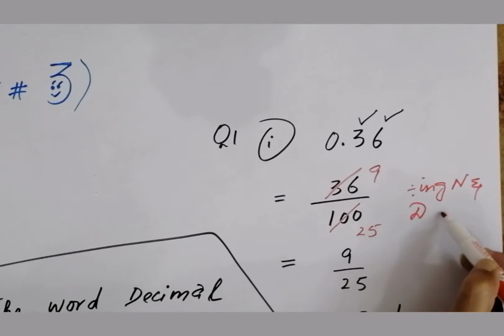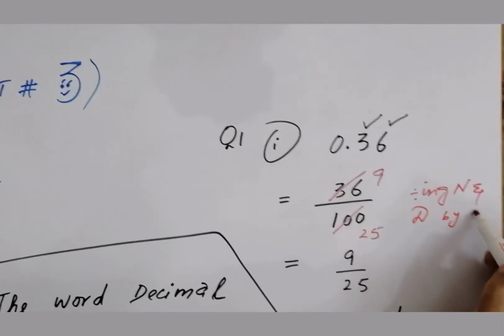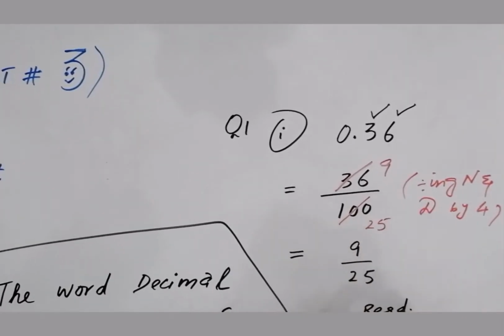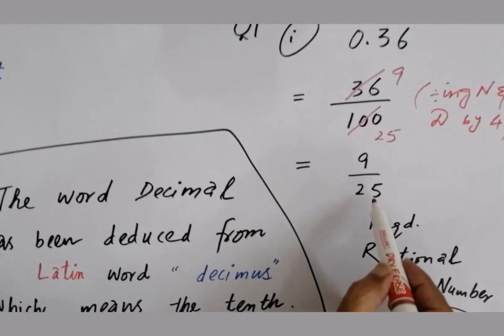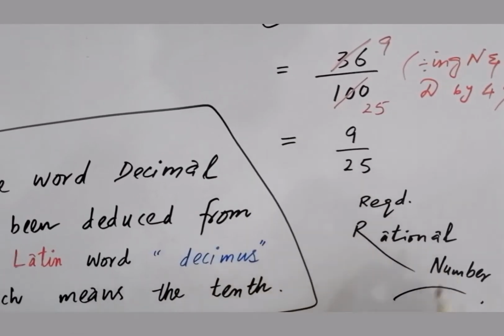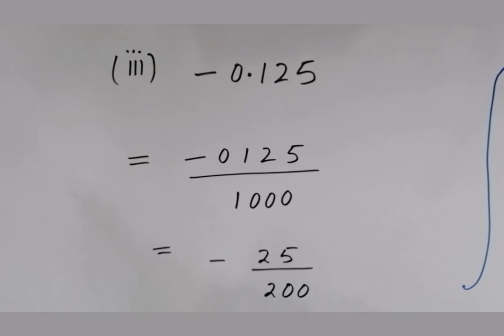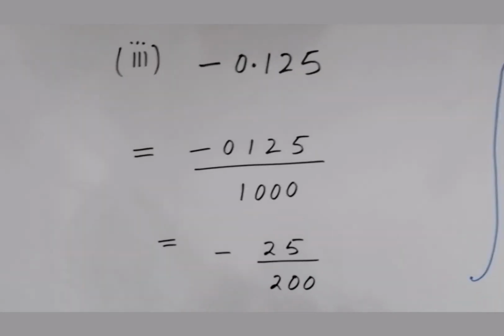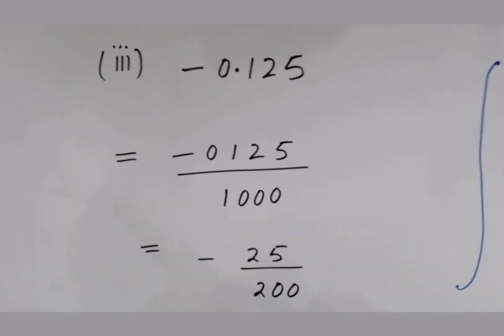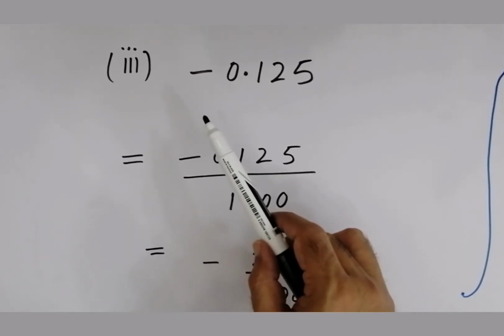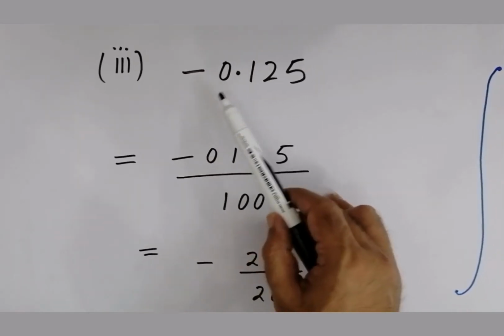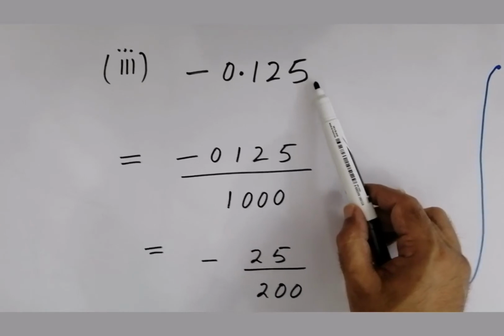Dividing numerator and denominator by 4, so 9 over 25 is the required rational number. Now I am taking the third part of this very question. Now we need to convert minus 0.125 into a rational number.